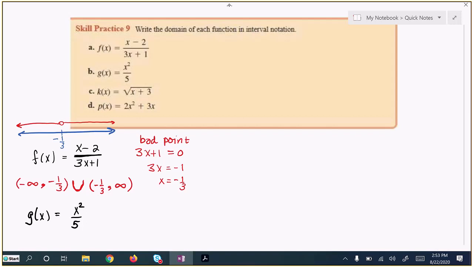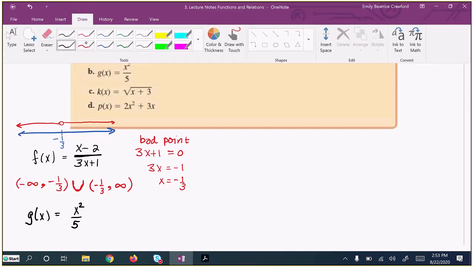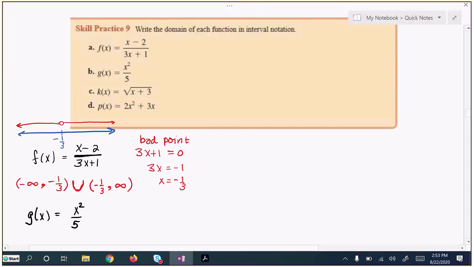I also want to look out for even indexed roots, but I don't have that. So the domain here is just going to be all real numbers. I have no issues, so I can write the interval negative infinity to infinity, or I can write R.